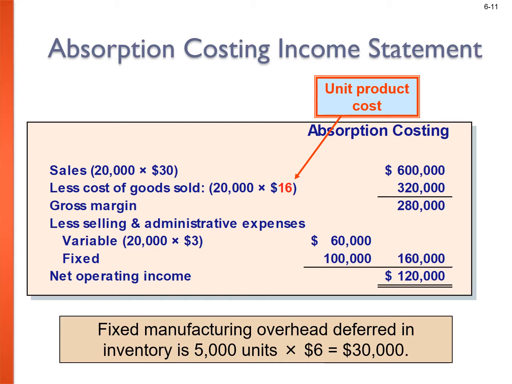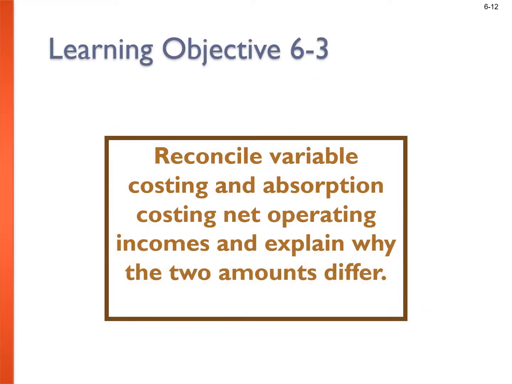So the fixed manufacturing overhead that's deferred under absorption costing, because it would be included in inventory, is $6 per unit, or $30,000, as compared to variable costing. So you've got to keep that in mind, because now when we reconcile the difference between the two methods, we'll take a look at that.